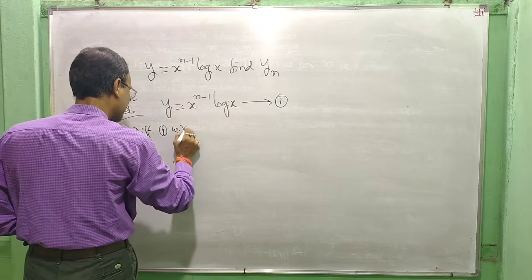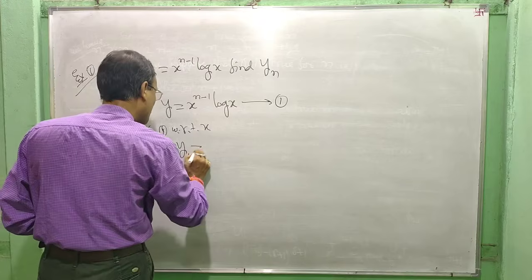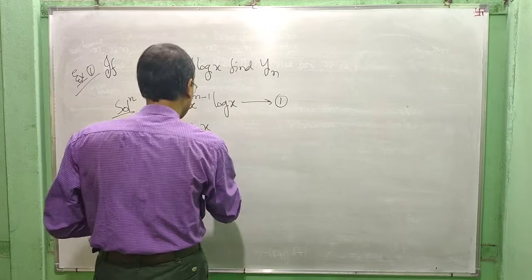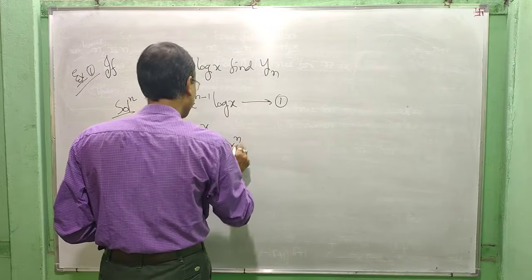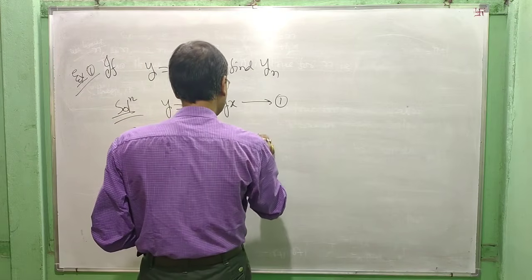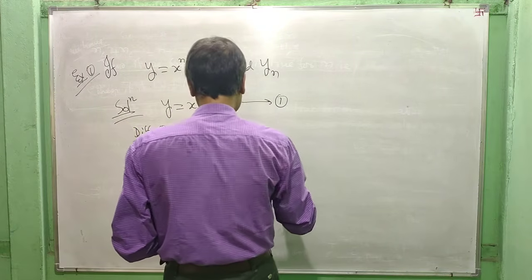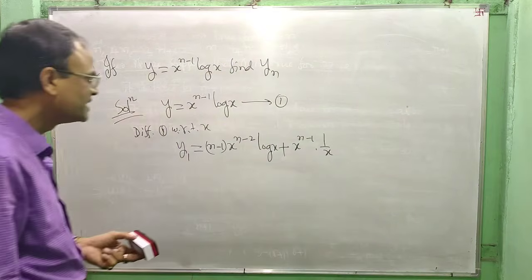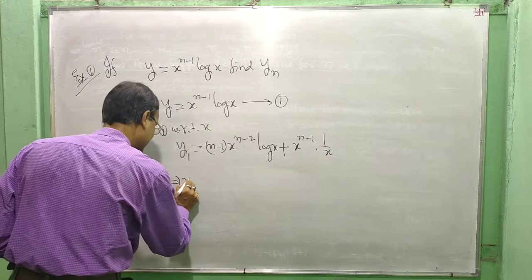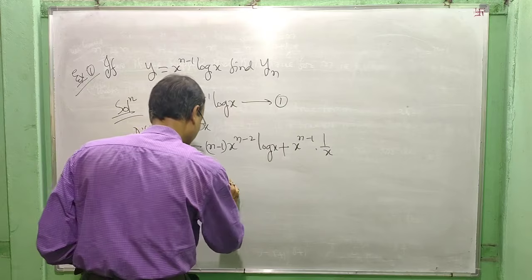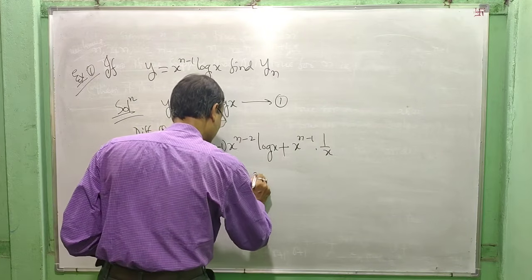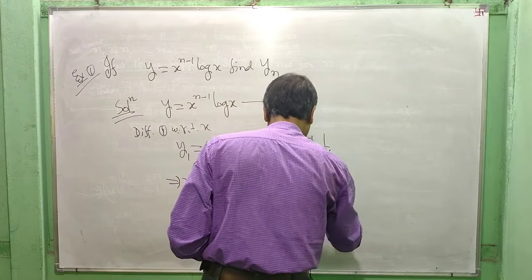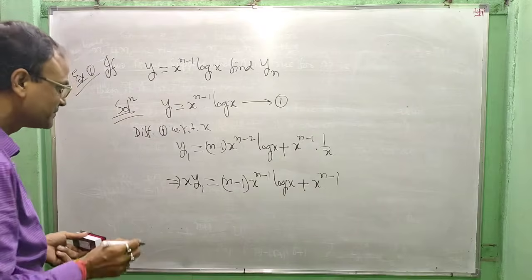Differentiating 1 with respect to x, you will get y1 equal to n minus 1 x to the power n minus 2 into log x plus x to the power n minus 1 into 1 by x.